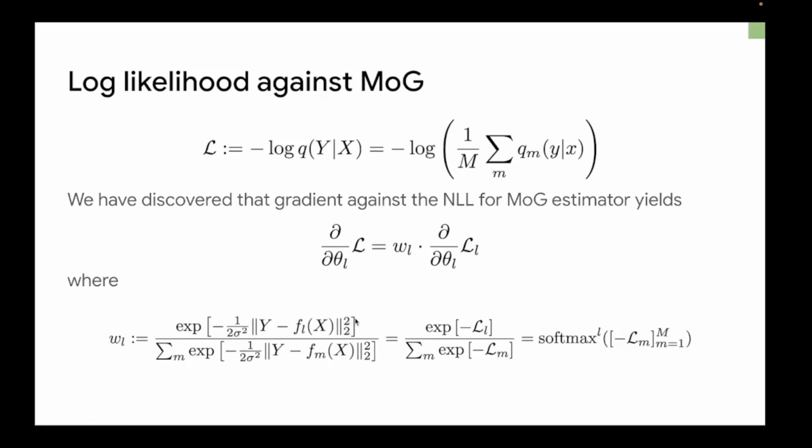This is the loss of L, sorry, loss of L. And this is the loss of m, sorry, loss of M. So it's basically a softmax value over the loss values for different experts. Very neat.